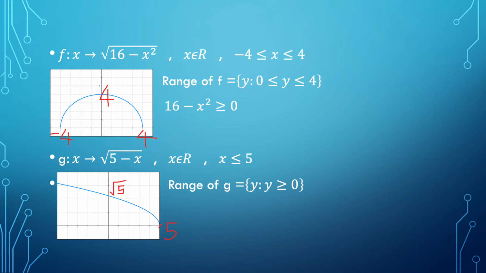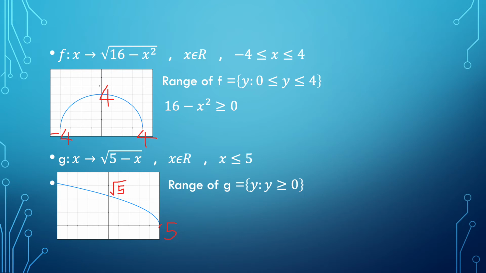From the points, we can sketch the graph to obtain a semicircle. From the graph sketching, we can determine the range of function f. So the range of the function f equals the set y such that y is greater than or equal to 0 and less than or equal to 4.